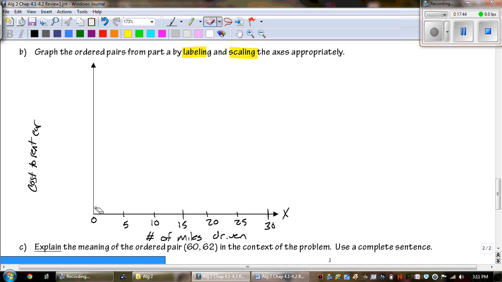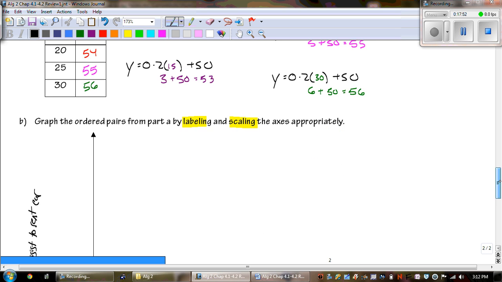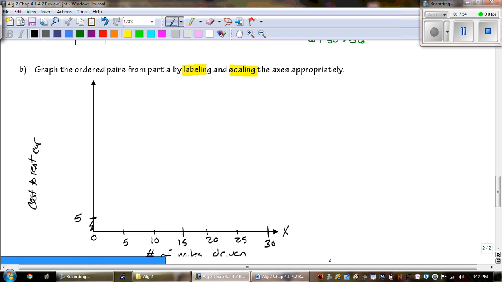What I would do is first indicate that there's a break in the graph. That's what those lines do. And then I'm going to start my graph at 50, and then we can go up to 58. And then I can do this by counting by 1. So this would be 51, 52, 53, 54, 55, 56, 57, and there's 58.